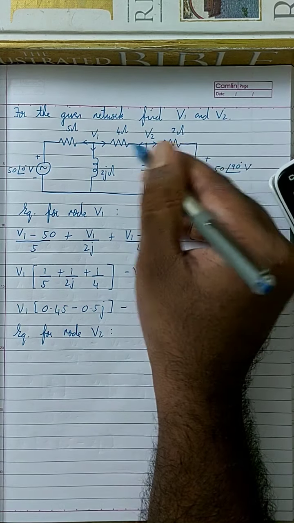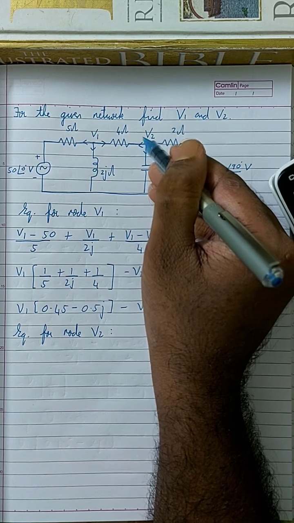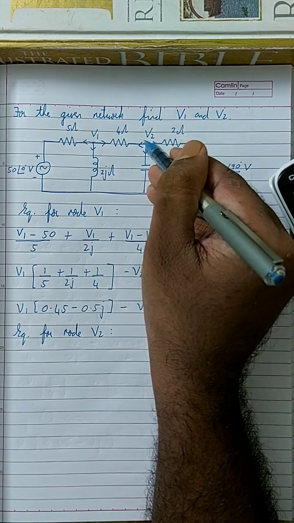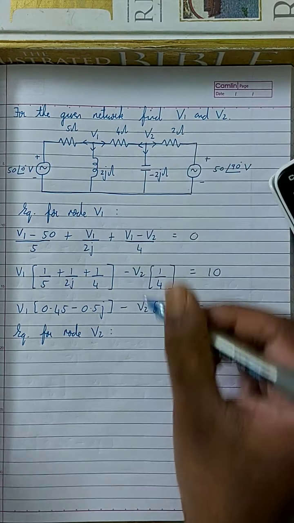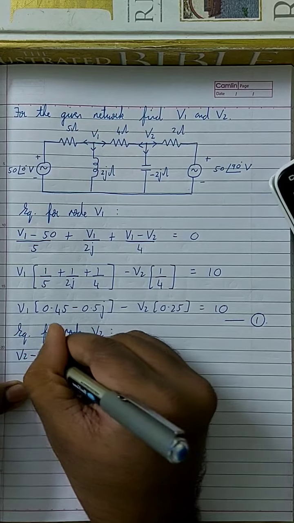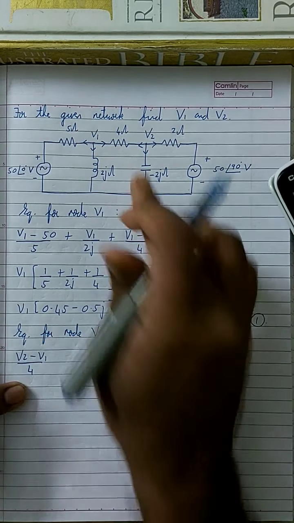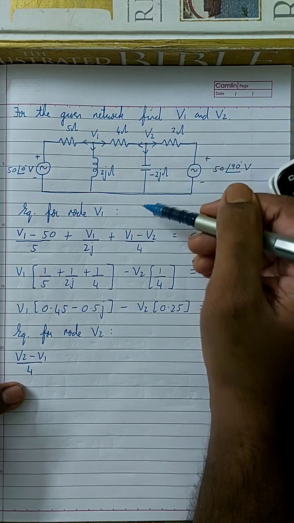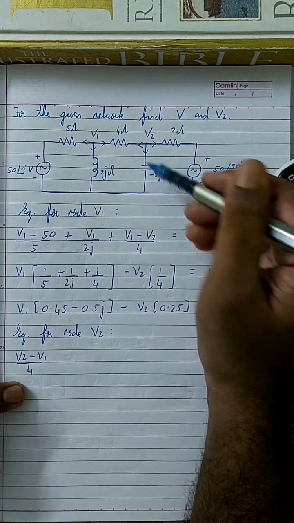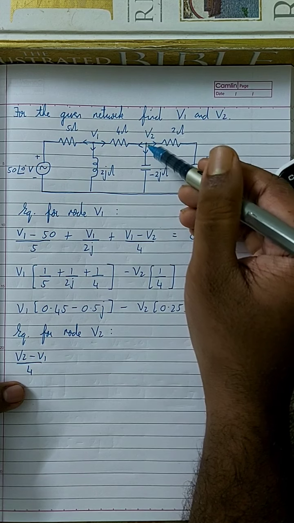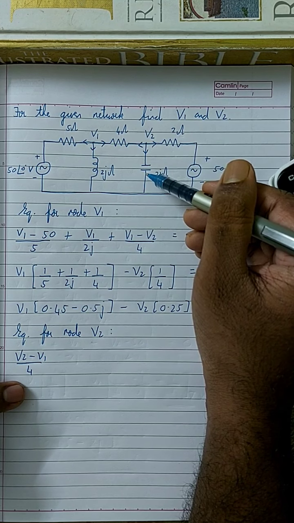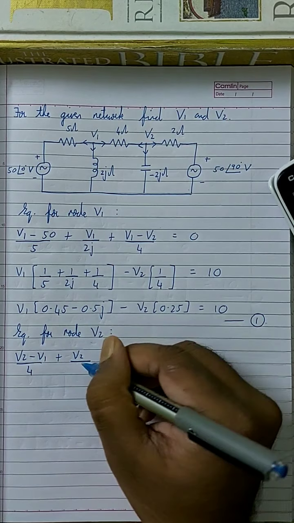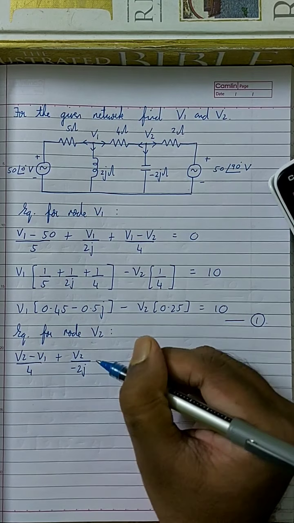The current flows from a higher potential to a lower potential, so this current is flowing in this direction, which means V2 minus V1 by 4 is the current through this branch. And the current through this branch is V2 minus 0 by 2j, or V2 by minus 2j.